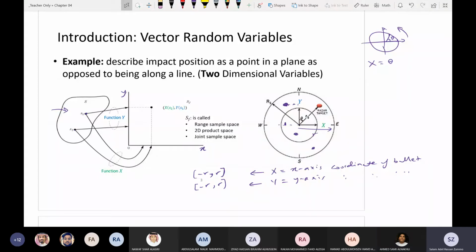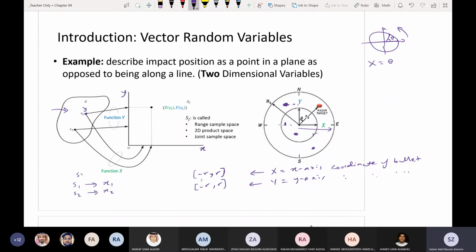So basically here, what we have mapping here is S1, for example, one outcome. In one random variable, one outcome is mapped into a specific X1, and another outcome is mapped into another X2.